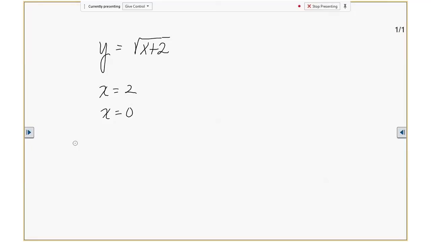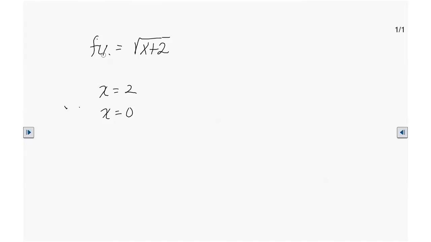Or you can call this f of x, and call this g of x if you want to.